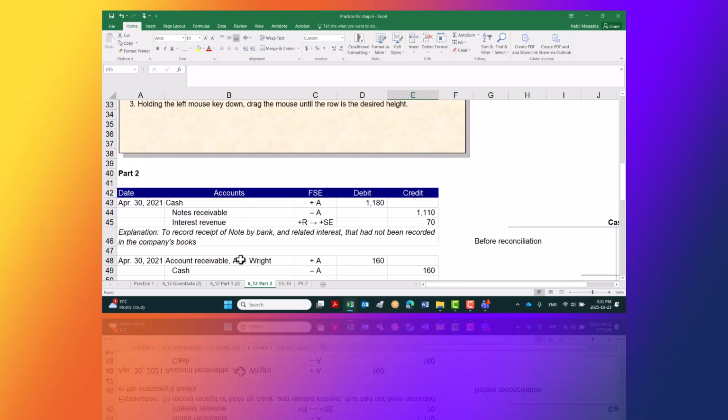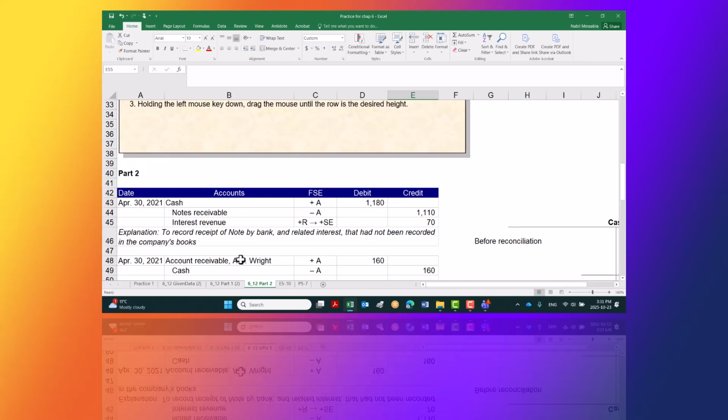So I prepare something which is called bank reconciliation, with two sides, two blocks: our books, and on the books of the bank. The starting point is what?